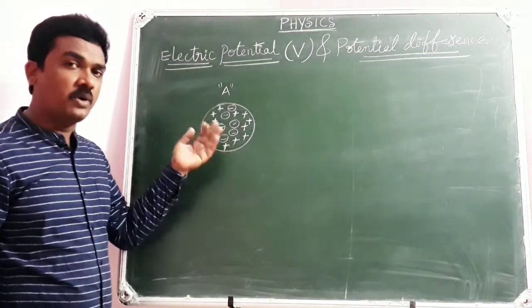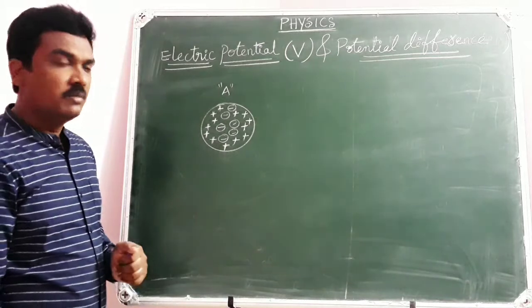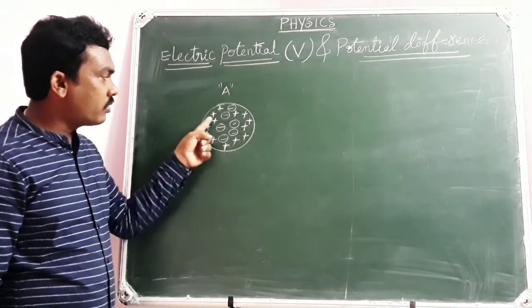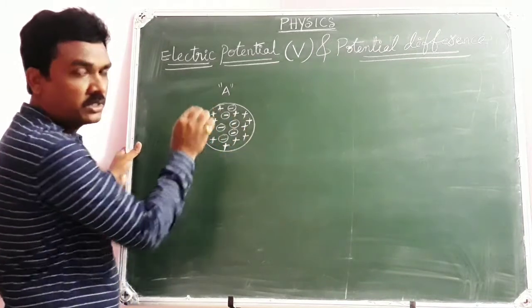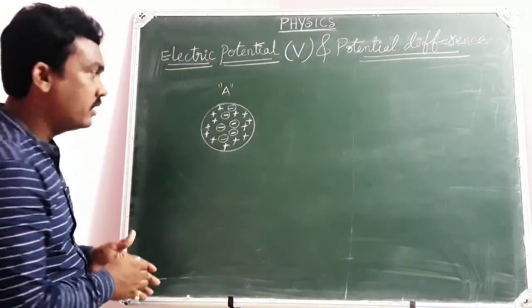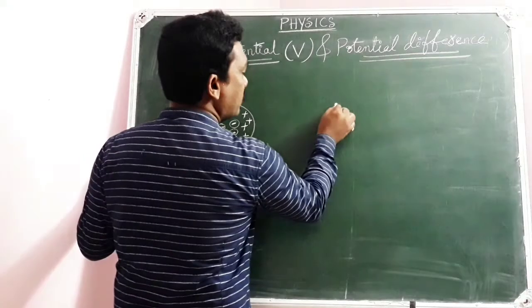Yes, certainly this is a positively charged region because greater number of protons, lesser number of electrons. So ultimately this is a positively charged region. Fine. Next. Let's look at this.